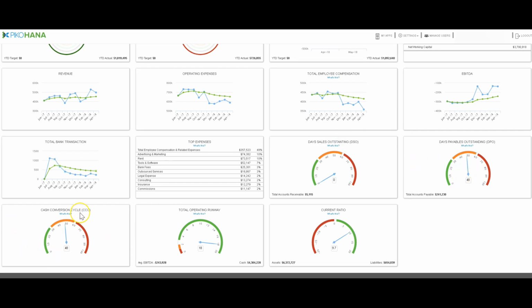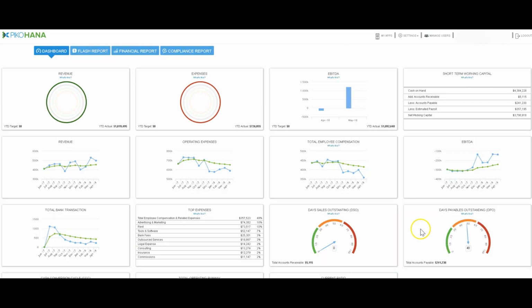Along with your cash conversion cycle, total operating runway, and current ratio, it gives you a good view of the financial health of your business. Keep in mind that these metrics can be customized, and we are looking to have customized graphics inserted based on the particular preferences of our individual clients.